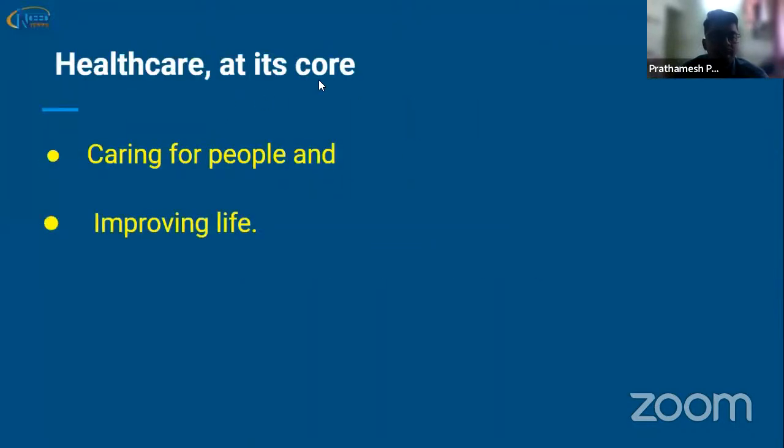So healthcare is basically the core of any industry. In healthcare, the first priority is to care for people, then to improve one's life. As we all know, for the past 2 years we have all been through a real and huge pandemic called COVID.